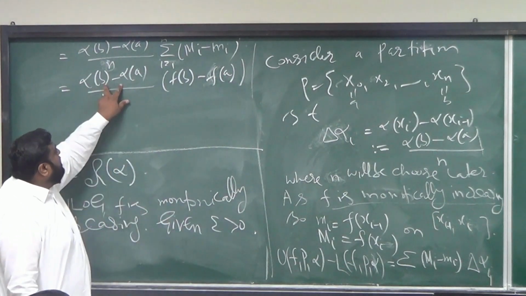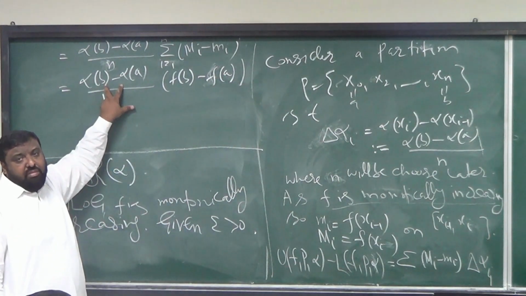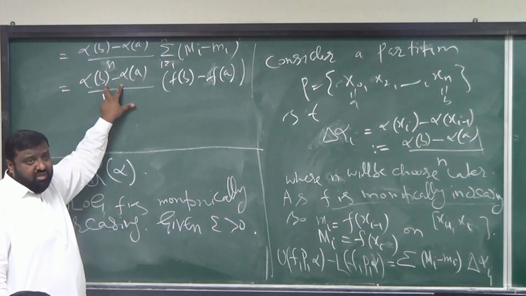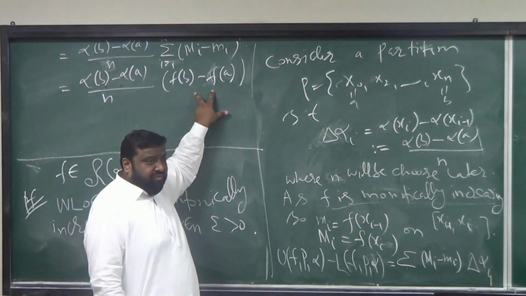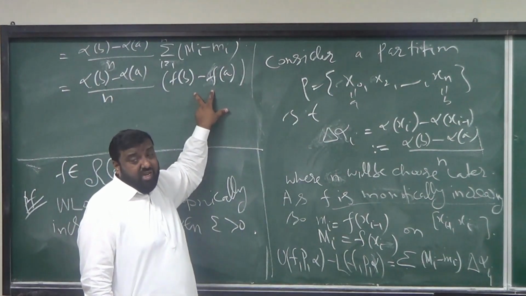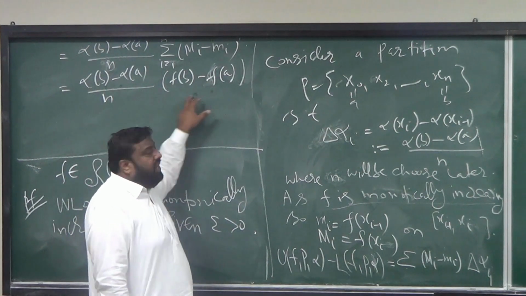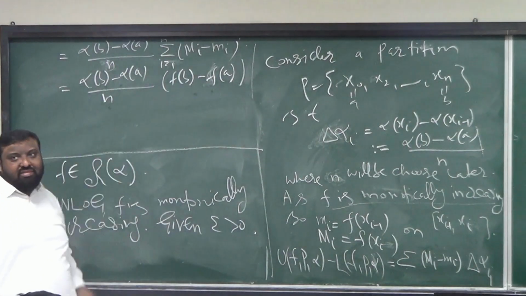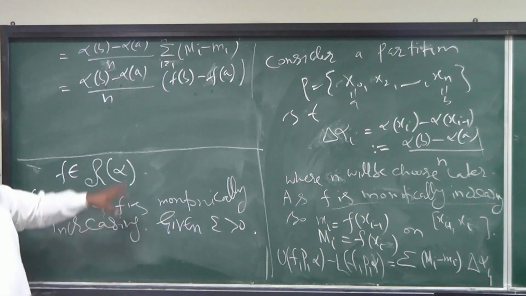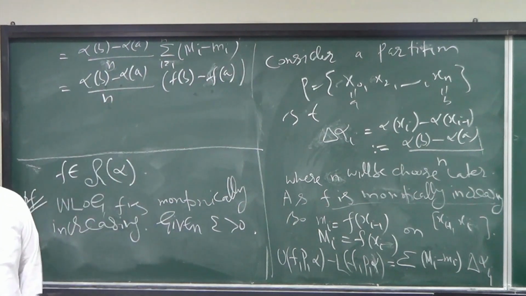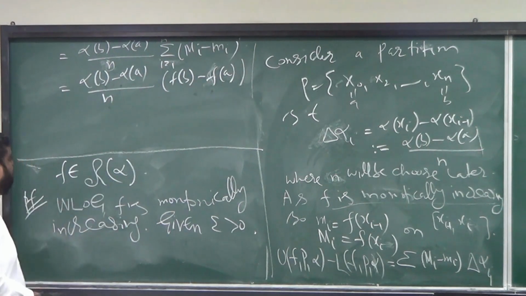Now I don't have control over alpha of b minus alpha of a because this was given to me, I have not chosen it. And I don't have control over f of b minus f of a because the function is given to me. So I have control only over n. So the question is, what should I choose in such a way that this becomes smaller than epsilon?